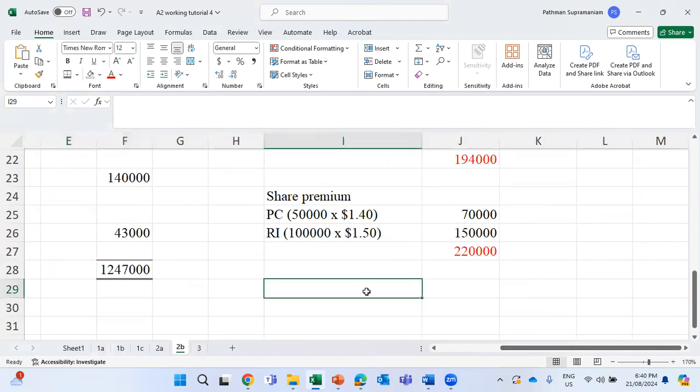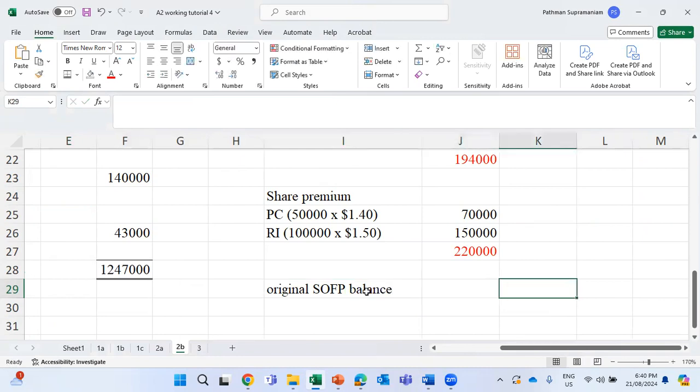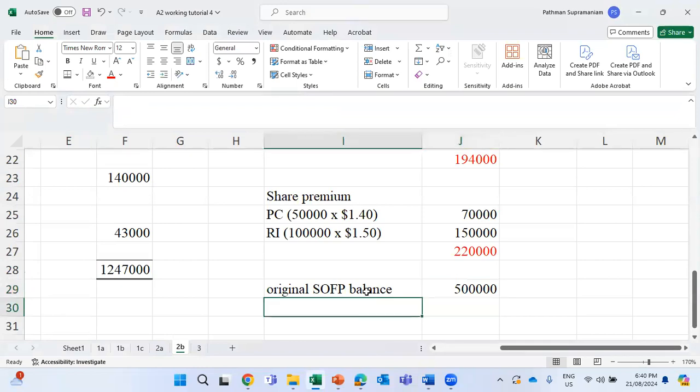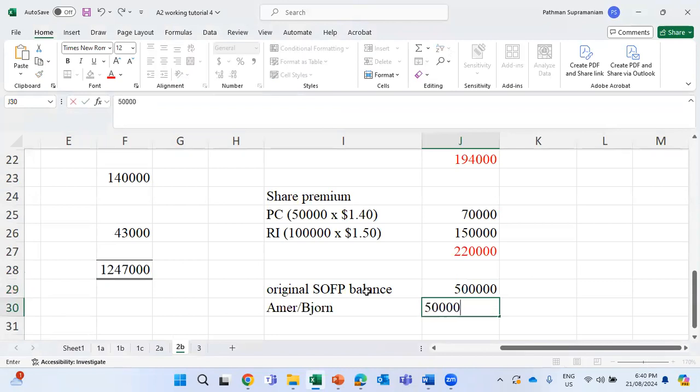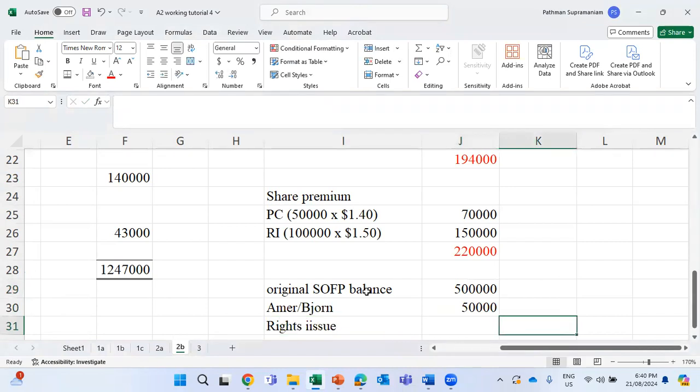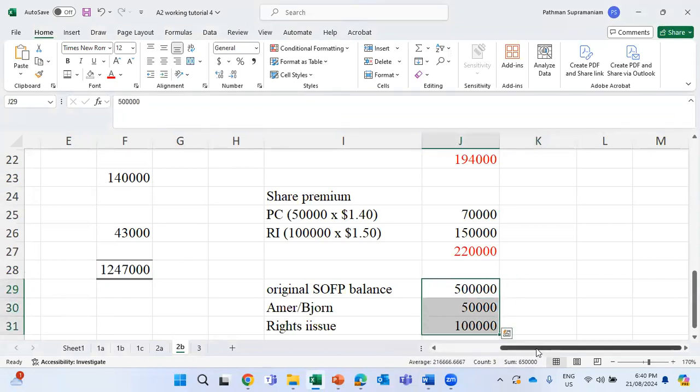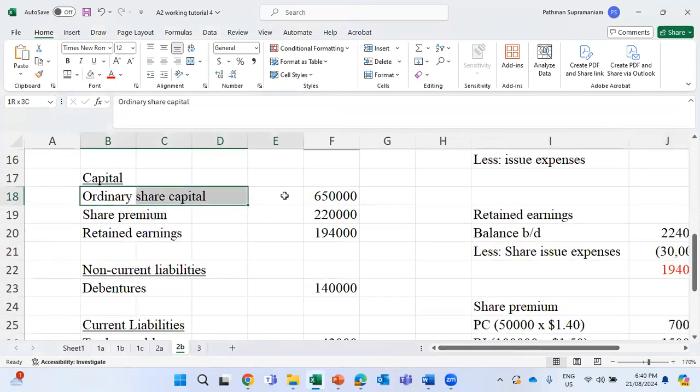So which means the original SOFP balance 500,000, and then shares issued to Amir and John, 50,000, and then the rights issue 100,000. So adding all this together will give us 650,000.